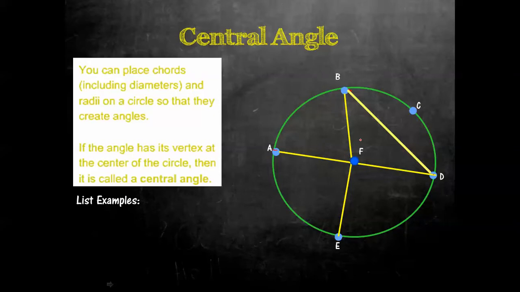All right, if the angle has its vertex, remember the vertex is where the two lines come together, at the center of the circle, then it's called a central angle. So the vertex where the two lines meet has to be in here where circle F is. Any of these angles right here are going to be our central angles.